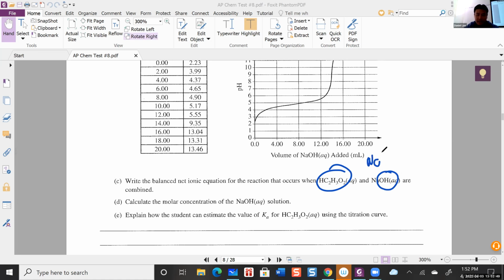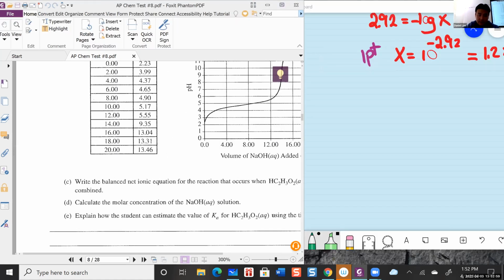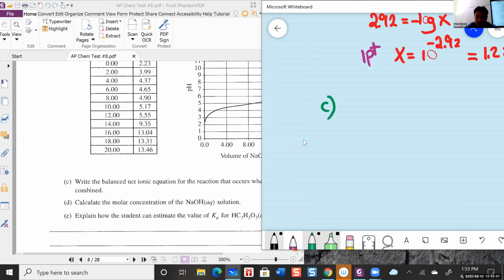I don't care about the sodium, it's neutral. So this is type 2 titration. So how do you write weak acid with strong base, right? We've done those before. So part C, the weak acid is acetic acid, so HC2H3O2. Strong base is OH minus, and this is not equilibrium, this is BCA.